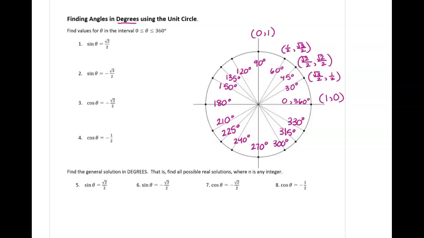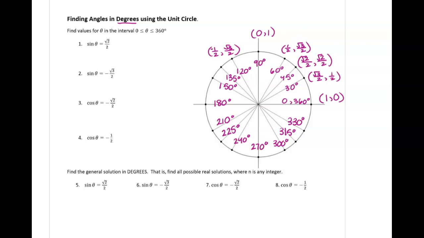So now we can really just follow the patterns around the circle. So if this is 1/2, root 3 over 2, equidistant over here, 90 to 60, 90 to 120, this is also 1/2, root 3 over 2, only our x value is negative.